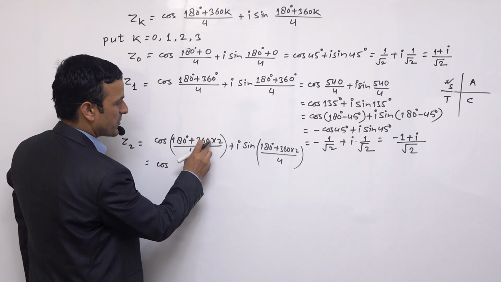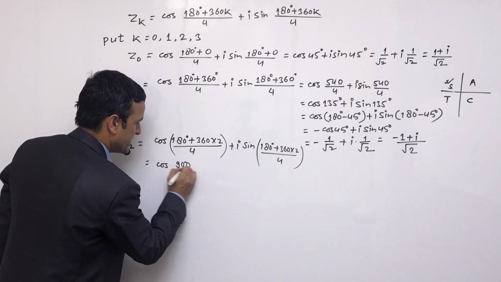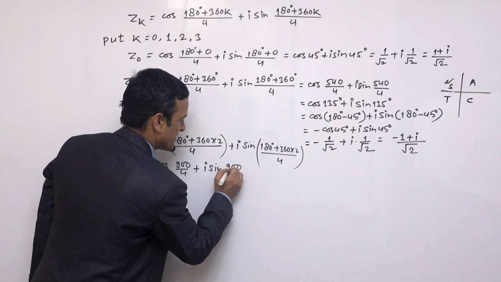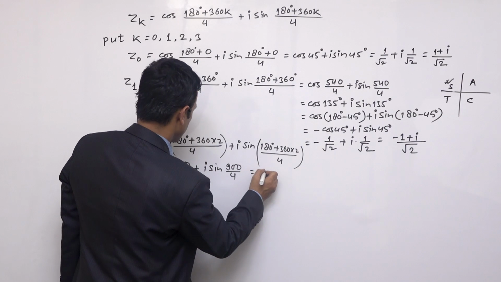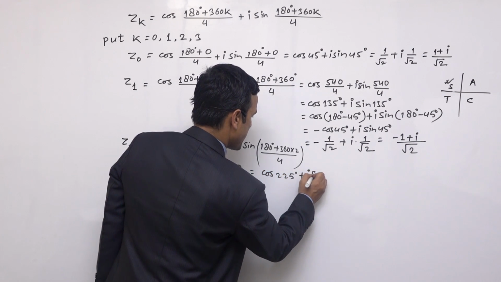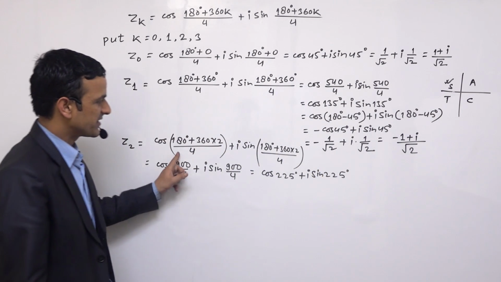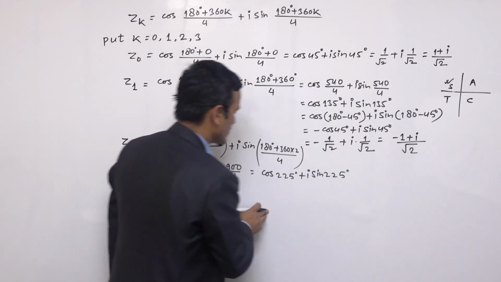Cos (180 plus 720) means it is 900 divided by 4, and i sin 900 divided by 4. So if you cancel this, then it will be cos 225 plus i sin 225. So after dividing, this is the result.